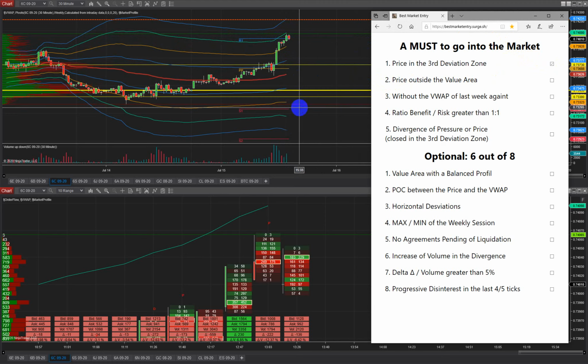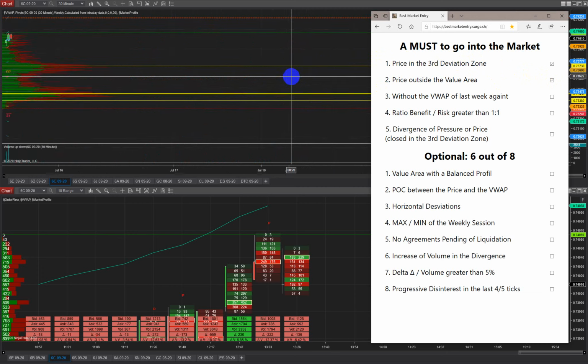We got the price outside the value area, that is the value area high, the low, and the POC that is here. This area is where 70% of the time the price goes through. We can see it here, so we got it outside. We don't have any VWAP against us from last week.